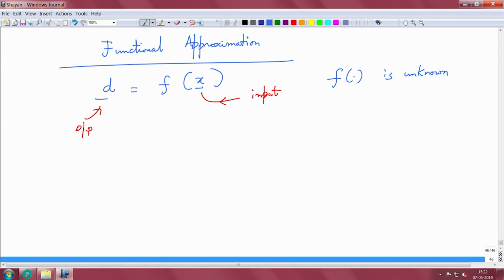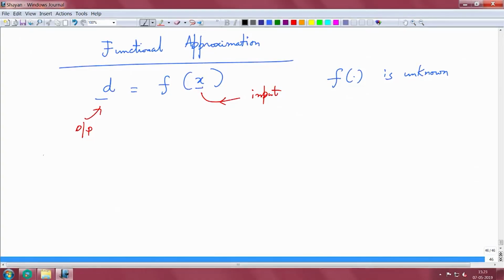I take an input which can be a vector, it goes through a function on this vector and it gives me an output. Now I do not know this function f, which is unknown. All I know is mappings. I know if I give x I get d, I give x1 I get d1, I give you x2 I get d2, so on and so forth. I just give you some samples and some desired vectors.